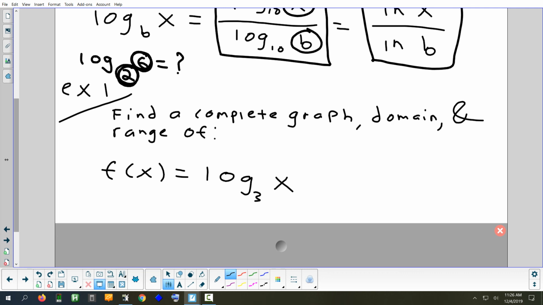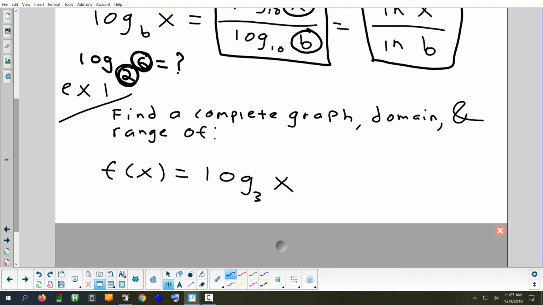Okay, so they want us to graph that. And then once we graph it, look at the stuff we always do. Domain, range, stuff like that. Now, is that a base that the calculator can do direct? No. What is the base? 3. It's 3.